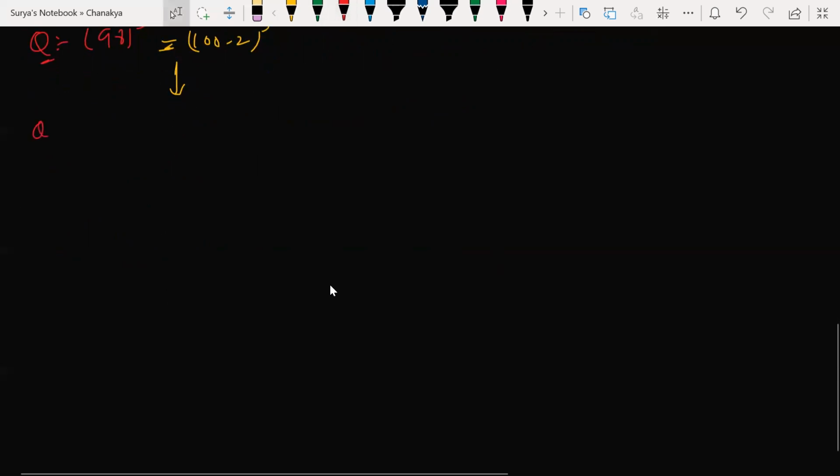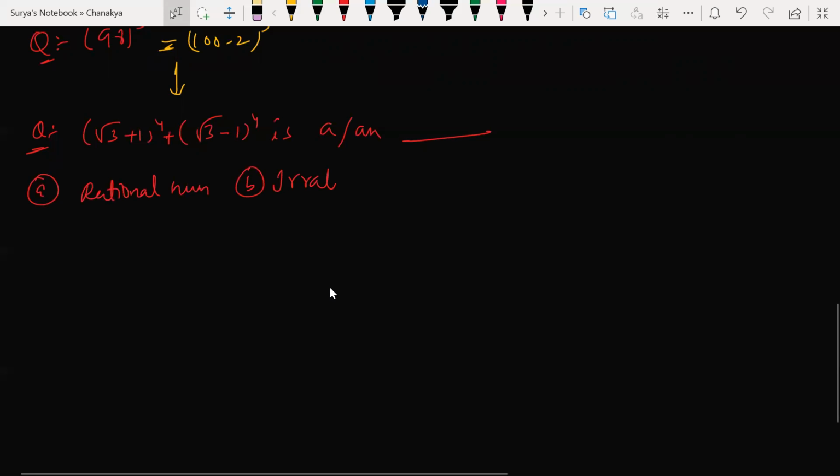Next question. Let me give the question. Root 3 plus 1 to the power of 4 plus root 3 minus 1 to the power of 4 is a, rational number; b, irrational number; c, negative number; d, none.